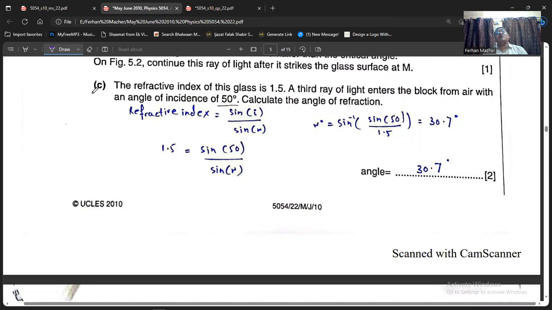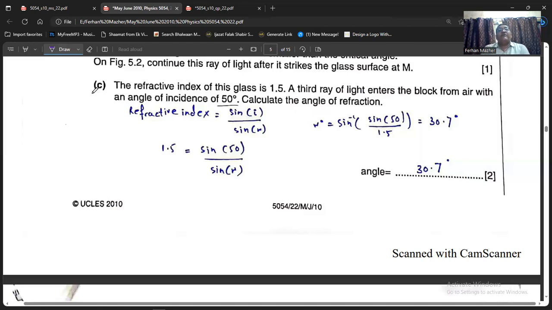It depends which formula you will use, sine i by sine r or sine r by sine i. That depends on which angle is in the rare medium. Whichever angle, i or r, is in the rare medium, that should be in the numerator. So here the angle of incidence is in the rare medium, so it will be in the numerator. So the refractive index is equal to sine i by sine r.